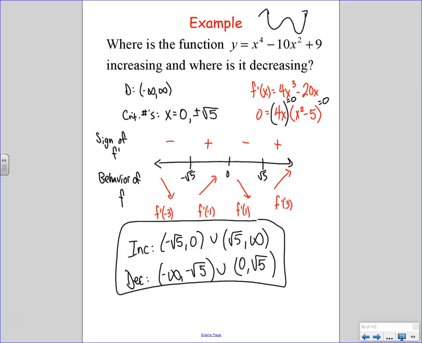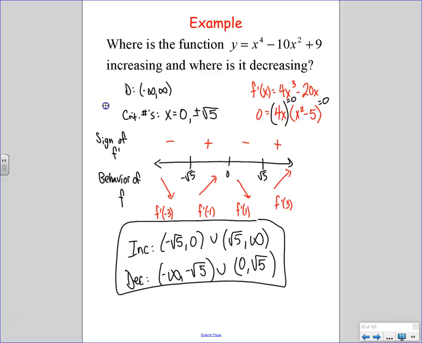Now, Tyler is asking a very particular question, and it's good. He's saying, will we ever close the intervals? Not at critical numbers, because we can only close it if we're saying it's decreasing or increasing there. But the whole point of a critical number, isn't it an in-between point? It's a 0 or a DNE, it's not positive or negative. So it's a neither, remember? So if it's a critical number, we have to leave it open.